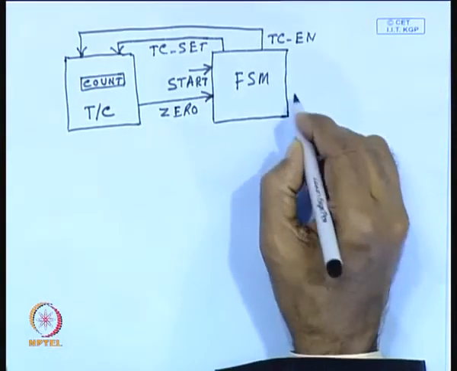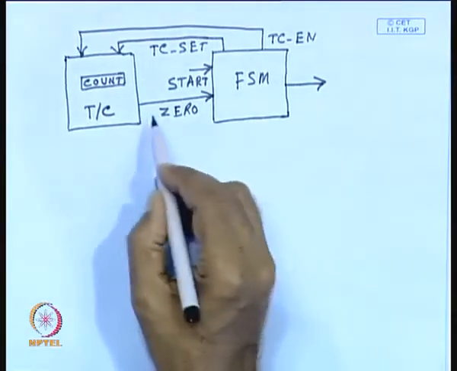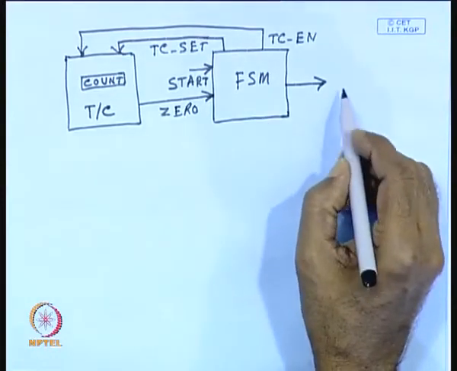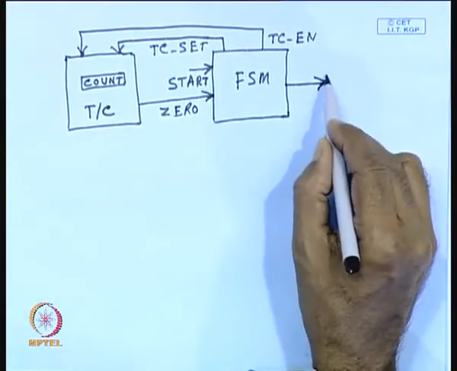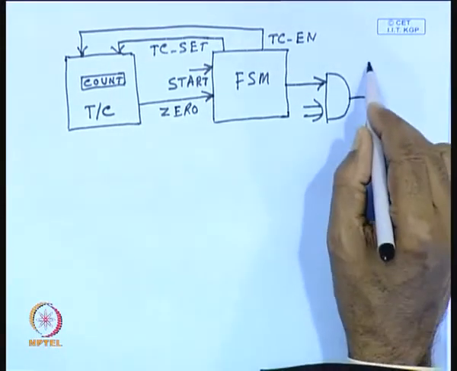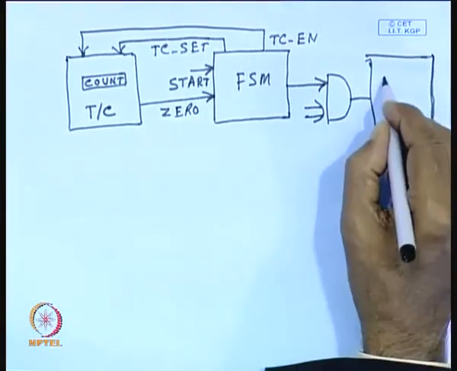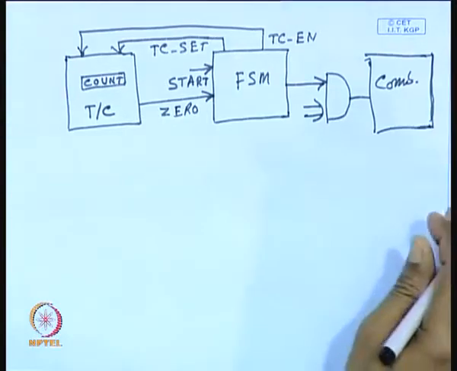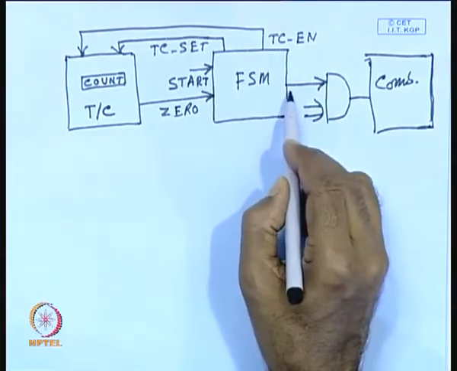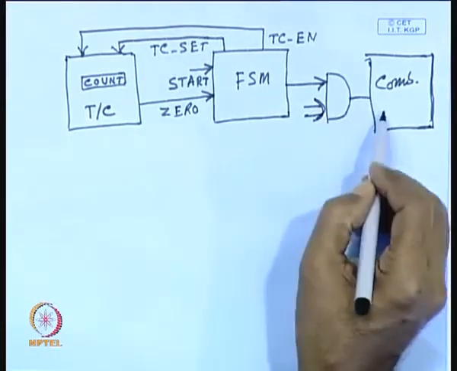Now, it operates in this way. The output of the finite state machine is generated only when this 0 signal is received by the finite state machine, and it may really drive a large combinational circuit. Inputs are applied to this combinational circuit, and power dissipation in this combinational circuit can be reduced, because only when this 0 signal is coming are these inputs applied to the combinational circuit, otherwise they are not applied.